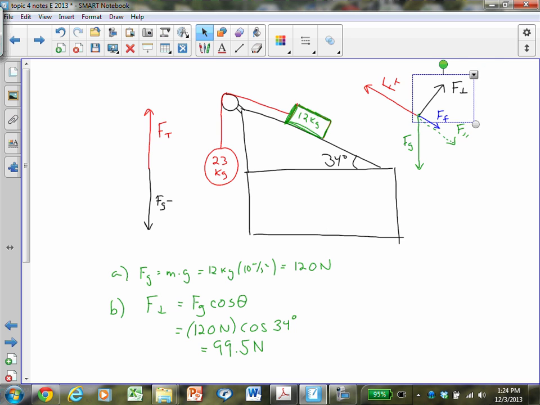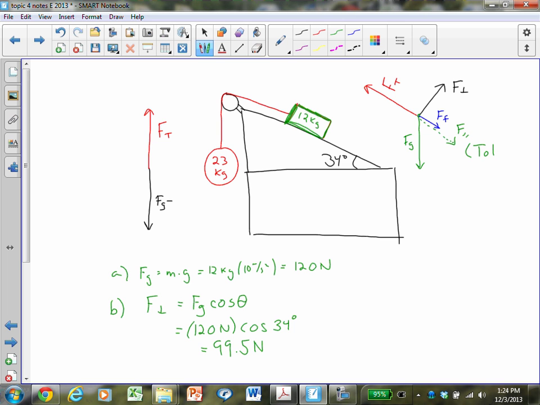The other vector is this. If you put them head to tail, what do they sum to give you? F parallel. So sometimes this F parallel force is also called the total force, because it's the sum of Fg and F perpendicular. But it's also the component of the weight force in the plane, isn't it? So it's called the parallel force or the total force.